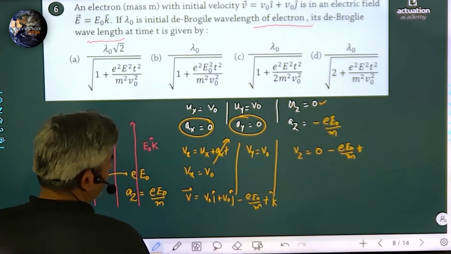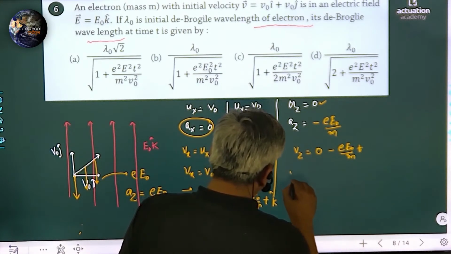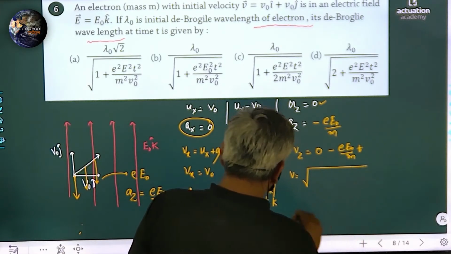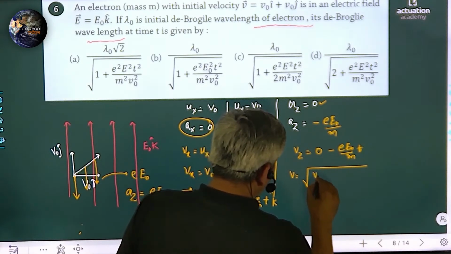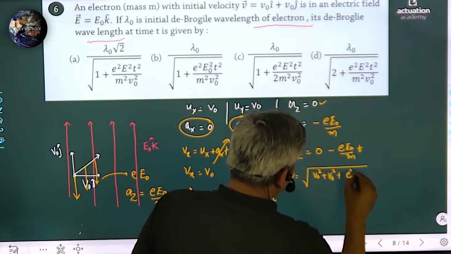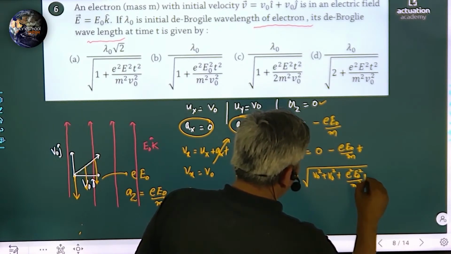I would write that V is equal to under the root V naught square plus V naught square plus E square E naught square by m square into t square.